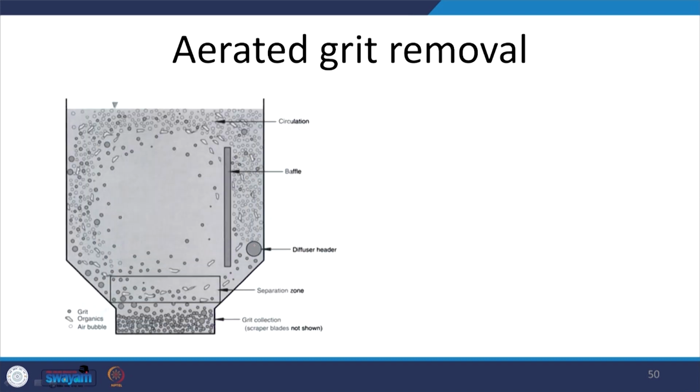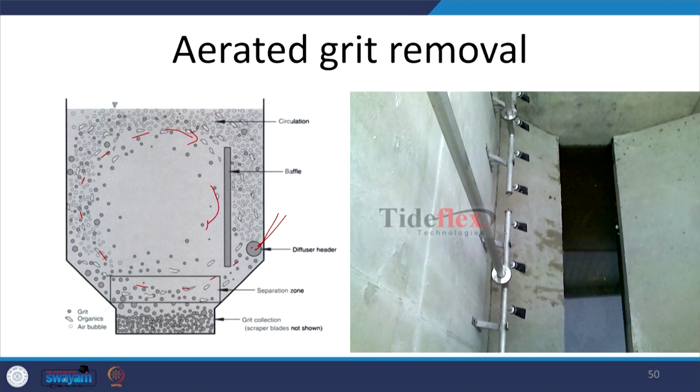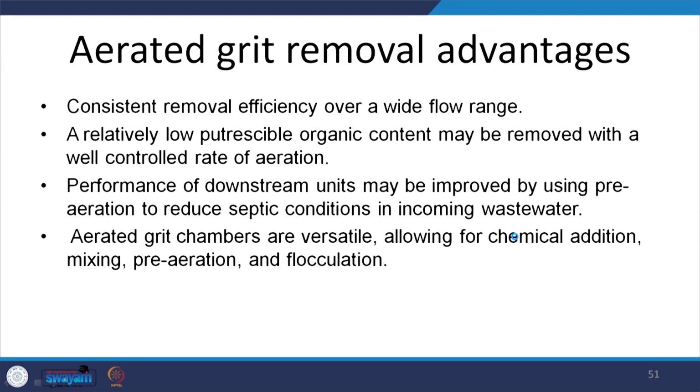Okay, so the diffusion header, air is coming in here, and you are trying to create this condition, and the heavier particles settle down out here, in the suppression zone. This is how air is being let in, that is something to keep in mind, and the grit or the heavier particles will obviously be collected out here. The air is coming in and it will create that spiral motion.